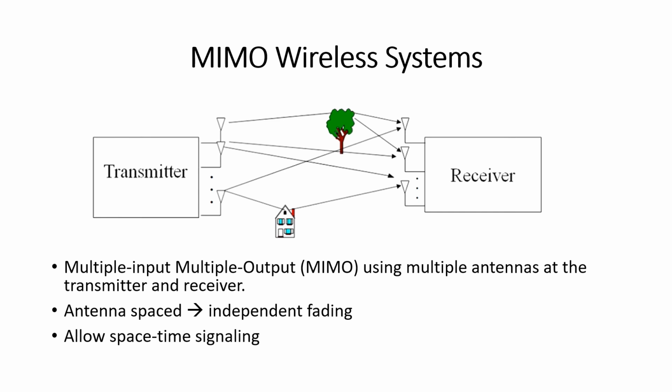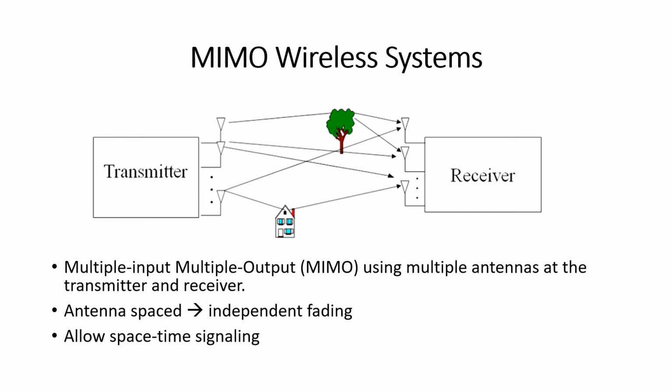Obviously, between the transmitter and the receiver, we will have many obstacles like trees, tall buildings, etc. Depending upon the nature of the obstacles, you will have reflection, diffraction, scattering, refraction, etc. After all those effects, the resulting signal is captured by the number of antennas at the receiver side. This is what is called MIMO, multiple input, multiple output, using multiple antennas both at the transmitter as well as at the receiver.